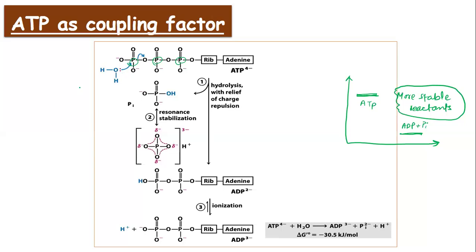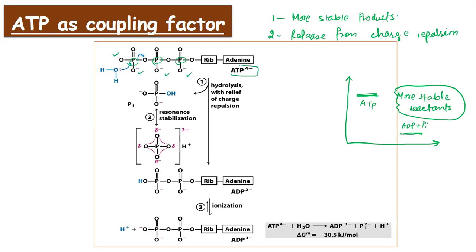Now, let's move towards the second reason. The first one was more stable products. Now, the second one is release from charge repulsion. If you see the structure of ATP, there are four minus charges.